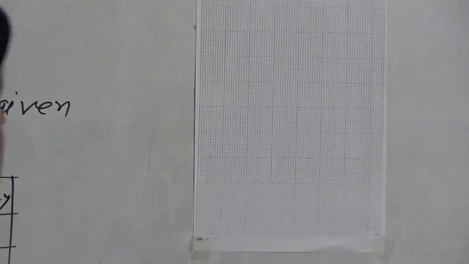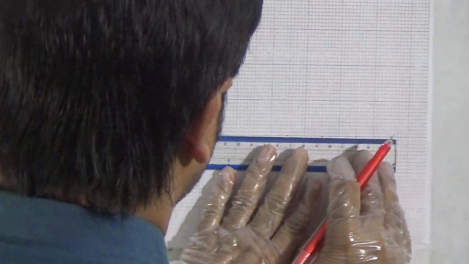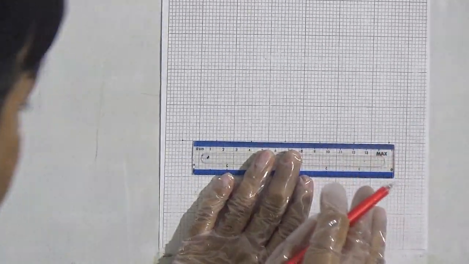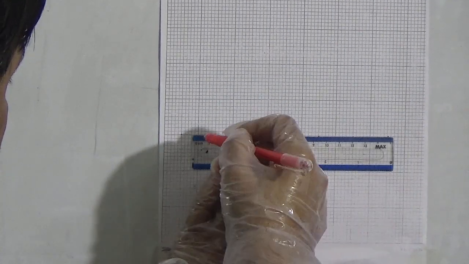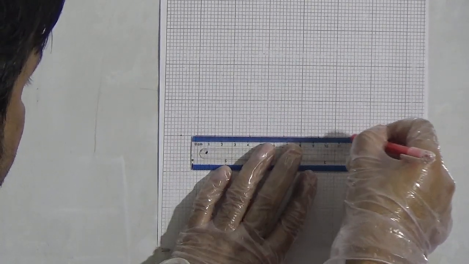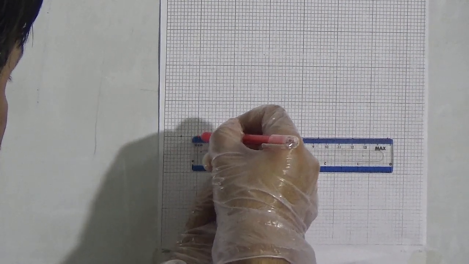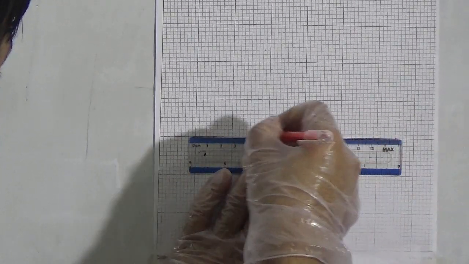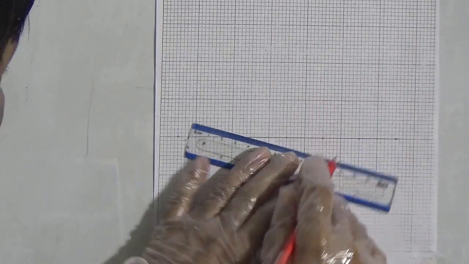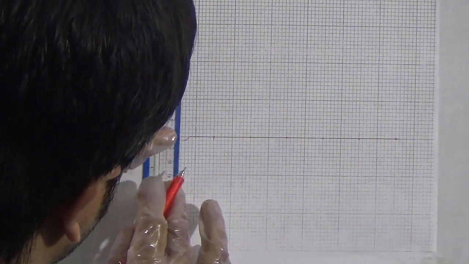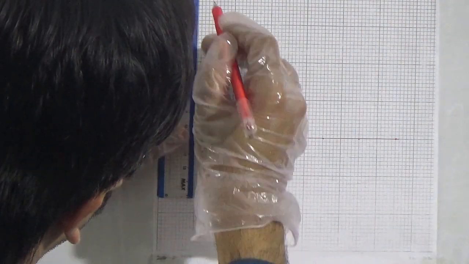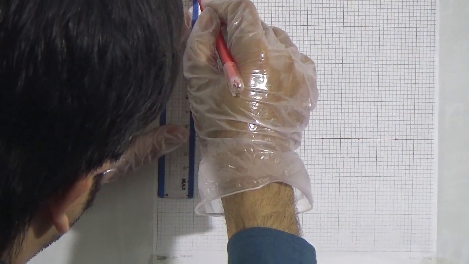One is horizontal axis and another is vertical axis. This is horizontal axis and this is vertical axis.